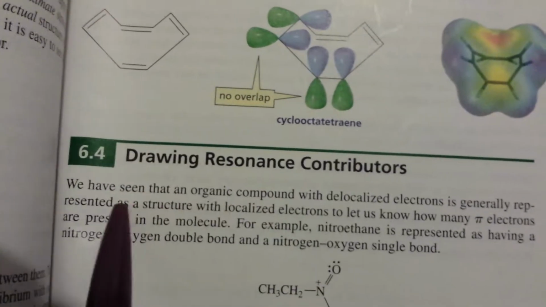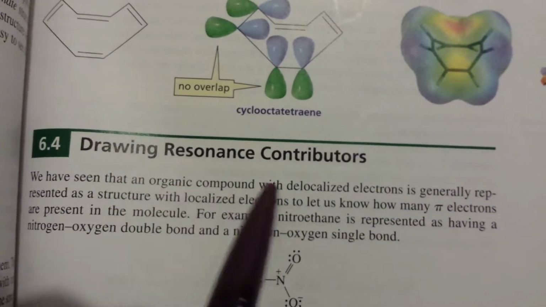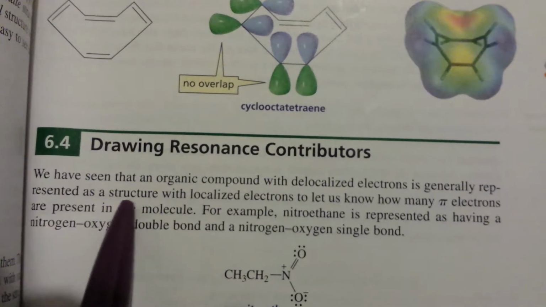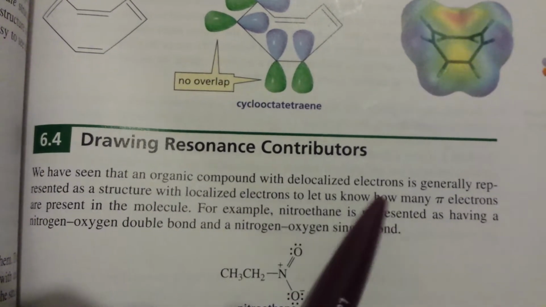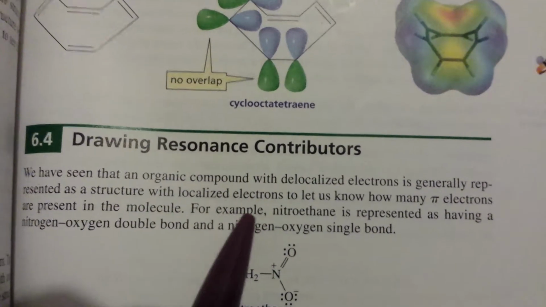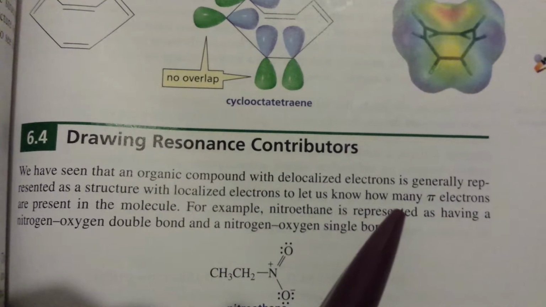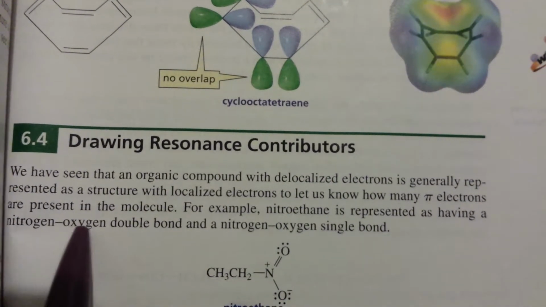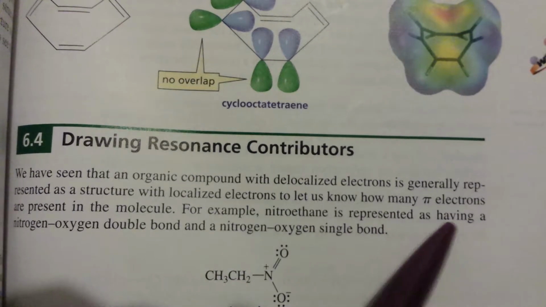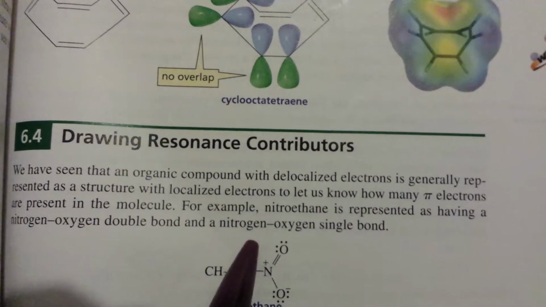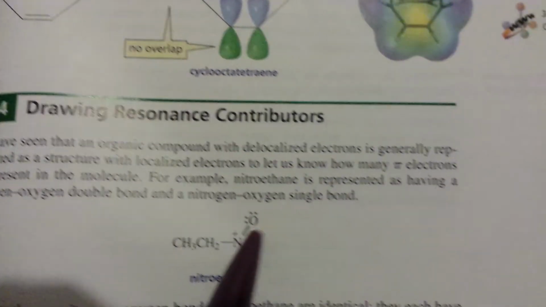Drawing resonance contributors. We have seen that in an organic compound, the delocalized electron is generally represented as a structure with localized electrons, to let us know how many pi electrons are present in the molecule. For example, nitroethane is represented as having a nitrogen-oxygen double bond and a nitrogen-oxygen single bond.